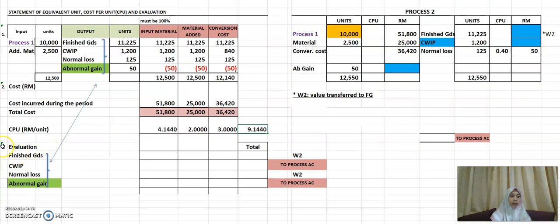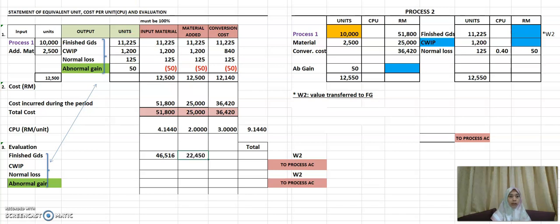So the third part is the statement of evaluation. In your statement of evaluation, you just copy whatever you have here in the same order, and then you just multiply column by column. This one will be 11,225 times your 4.144. So you will get 46,516. And this one you will get 11,225 times 2.